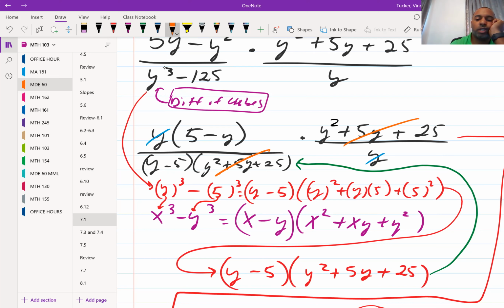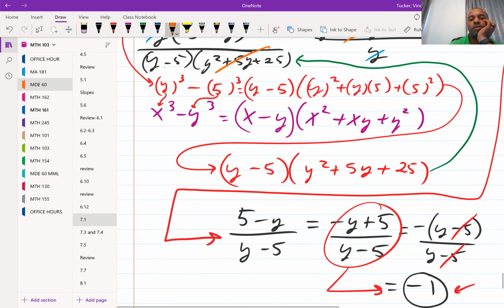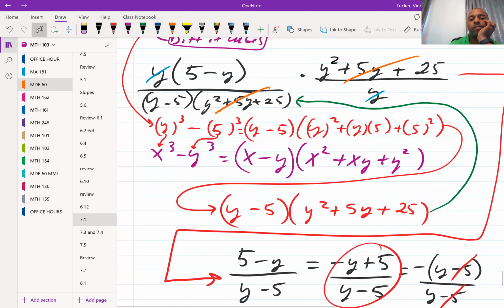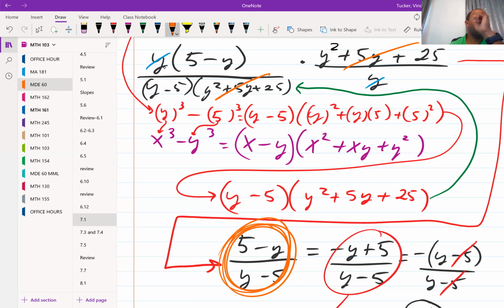The whole trinomial will cancel. And so that will leave us with 5 minus y over y minus 5. Everybody good up to this point? Make sure we're okay.